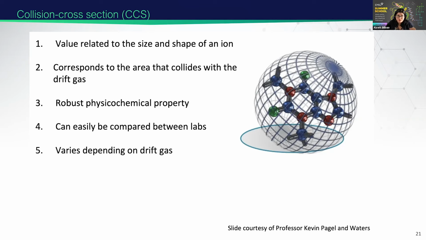The collision cross-section is a value related to the size, shape and charge of an ion of the molecule, and it is proportional to the area that collides with the drift gas. It's basically the surface around the molecule. It's a robust physical chemical property, can be compared between labs, and it depends on the drift gas used in the mobility cell.